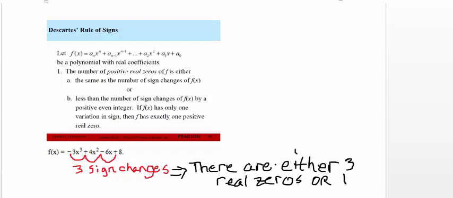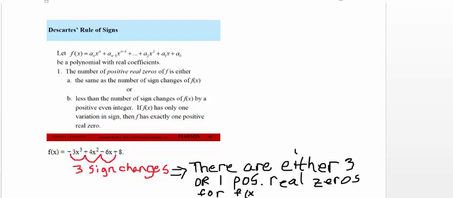Or 1 positive real zero for f of x. All right, so either the number of positive real zeros equals the number of sign changes in f of x, or it's less than the number of sign changes by a positive even integer.